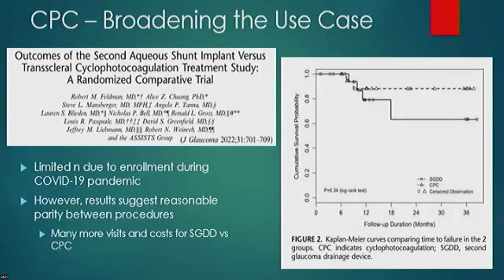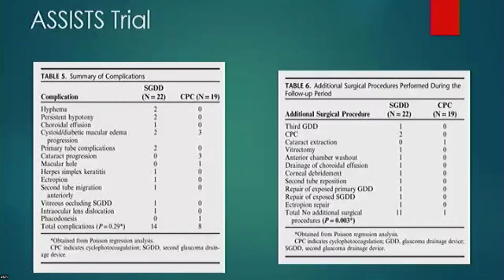What was seen was, granted, relatively low numbers, unfortunately, 19 in the CPC arm and 22 in the second glaucoma drainage device arm. But what was seen was similar efficacy, way fewer complications, way fewer office visits when utilizing CPC.